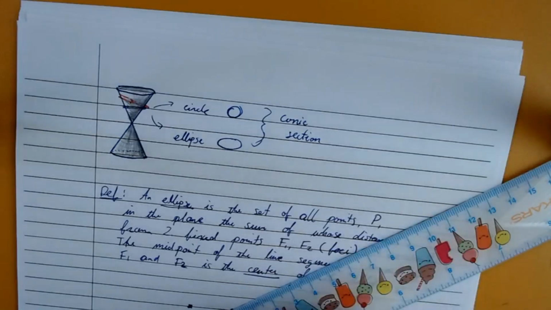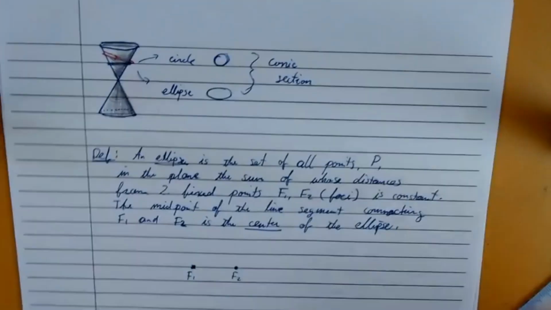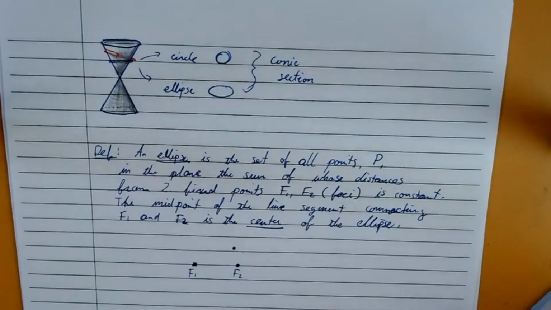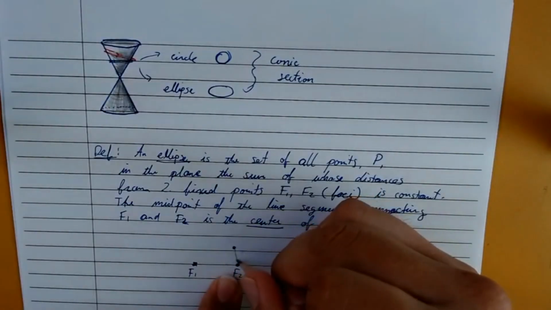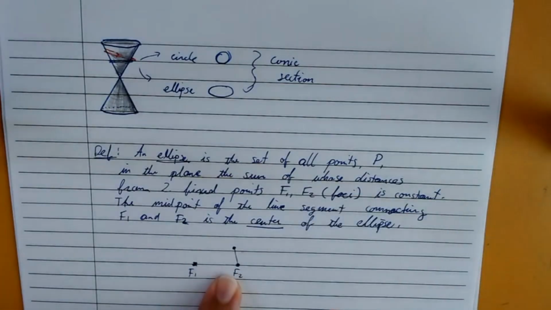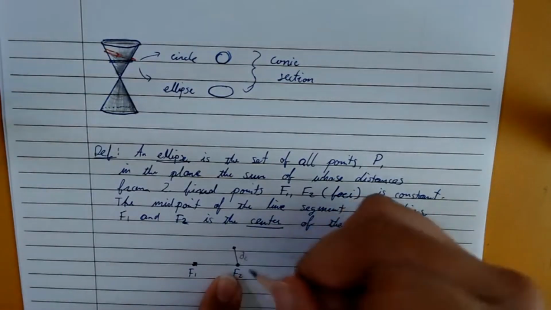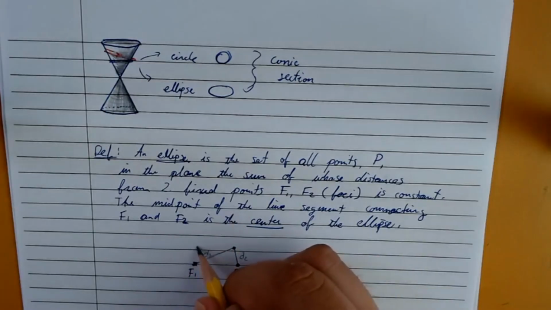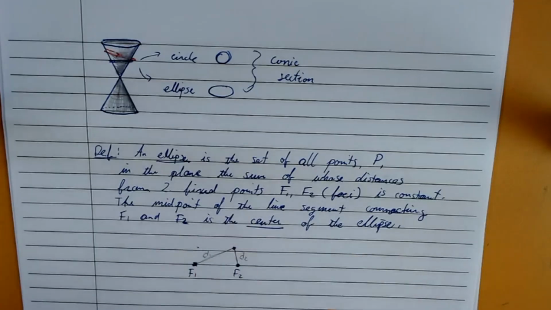And 3 plus that 1 would give me 4. So right here, here's a point where I take the distance from here to here, some distance I'll call D2, which in my example was 1 centimeter. And then this one, D1, that's 3 centimeters. So 3 plus 1 is 4. But now if I take another point out here somewhere, I could say that D1 and that D2 would add up to 4.